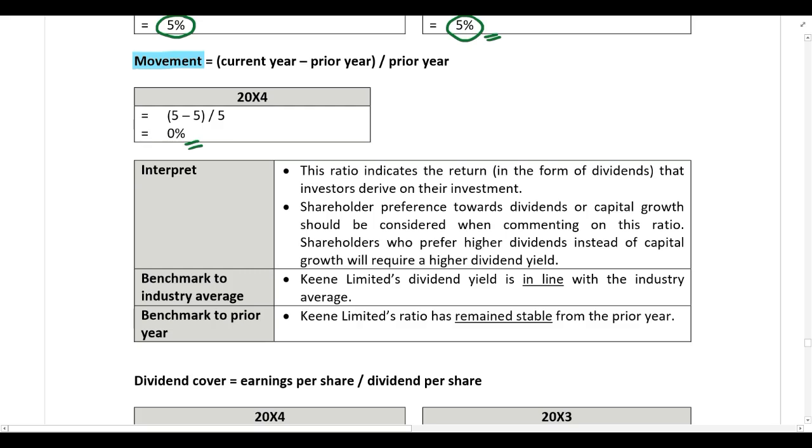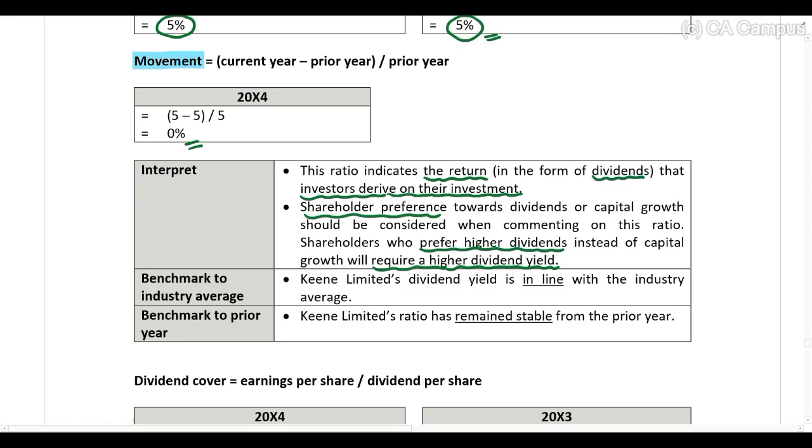This ratio indicates the return in the form of dividends that investors derive on their investment. Shareholder preference towards dividends or capital growth should be considered when commenting on this ratio. Shareholders who prefer higher dividends instead of capital growth will require a higher dividend yield.